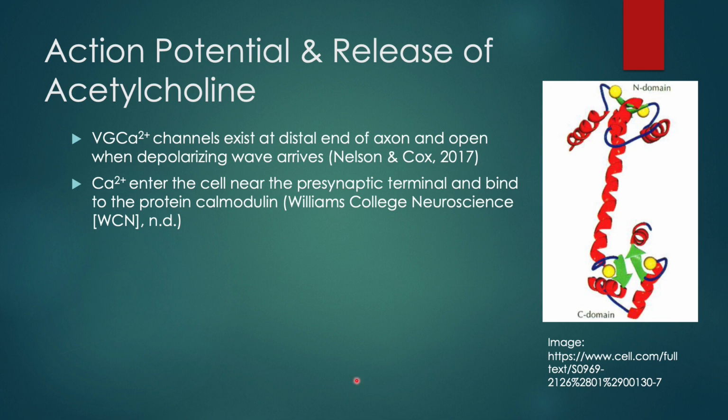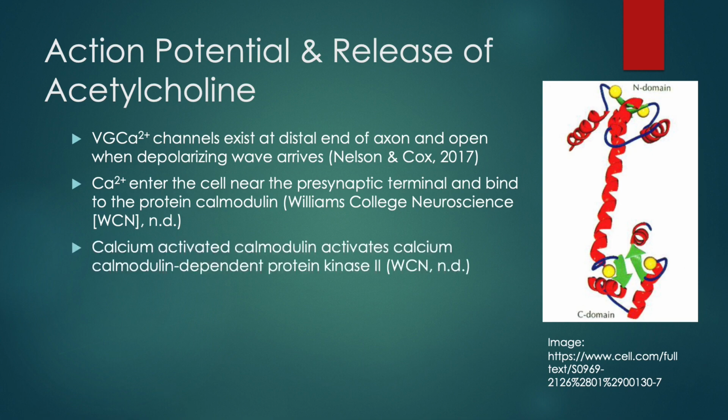And so over here to the right, this is a picture of calmodulin. It's actually an X-ray of calmodulin, and you can see here that these yellow spheres represent calcium ions. And the calcium-activated calmodulin activates calcium calmodulin-dependent protein kinase 2.